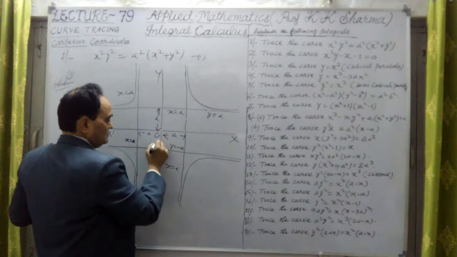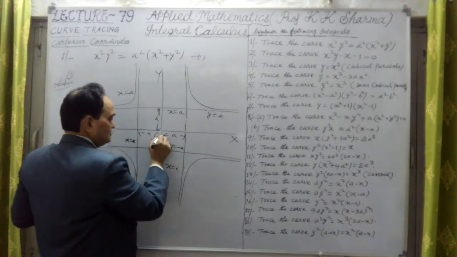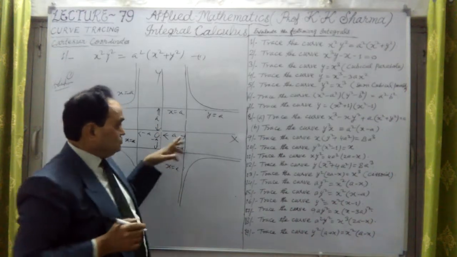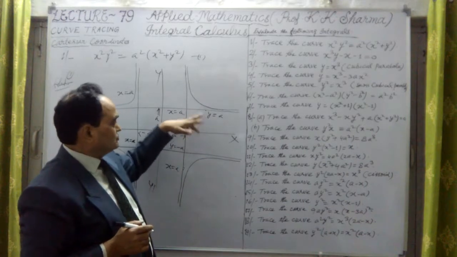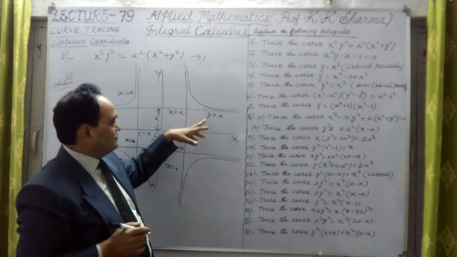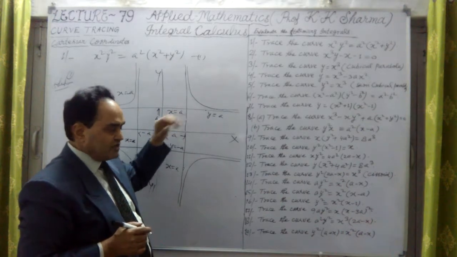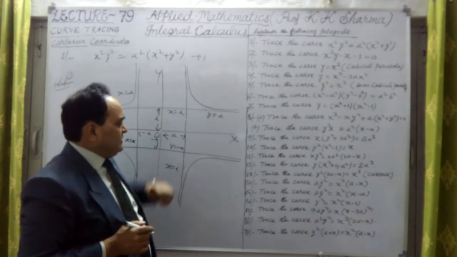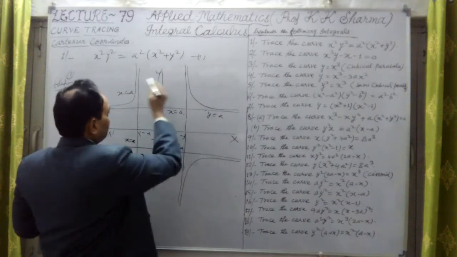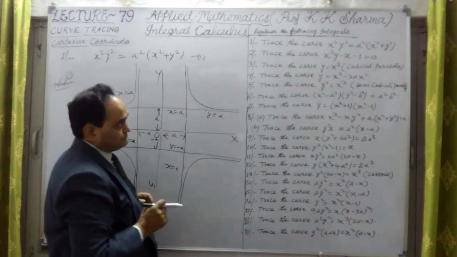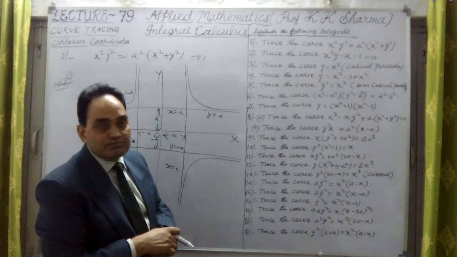As we have seen, for these two values, y tends to infinity. So when x tends to a, y square tends to infinity, or y tends to infinity. So this is the curve tracing of this kind of figure.